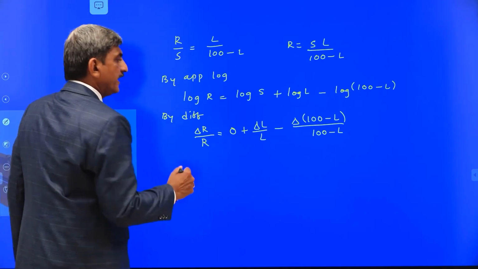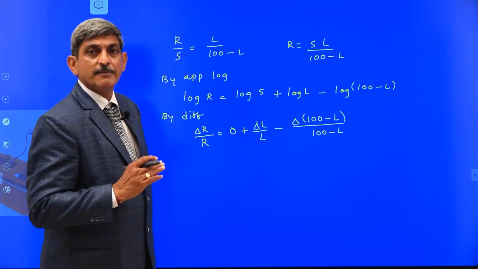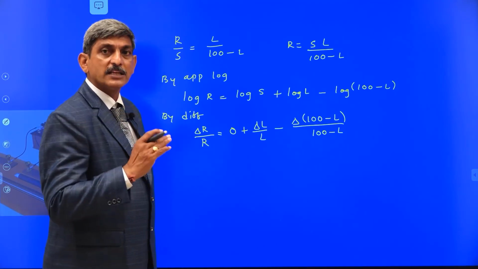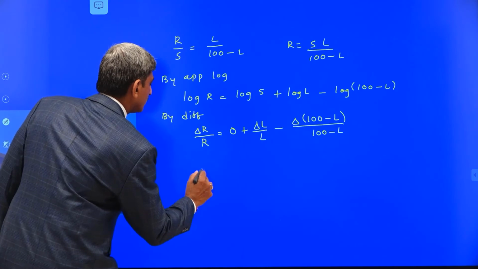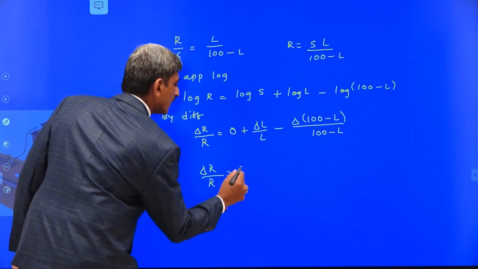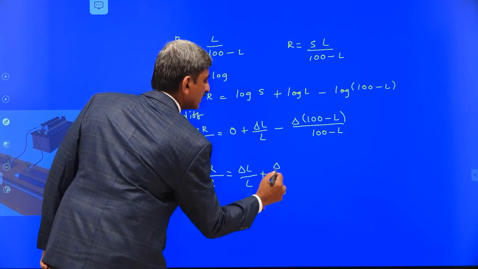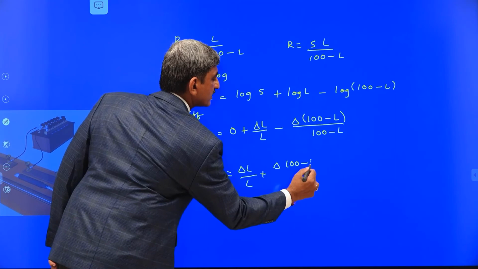Here, if we want to calculate the maximum possible relative error in the measurement, we add up all the errors.